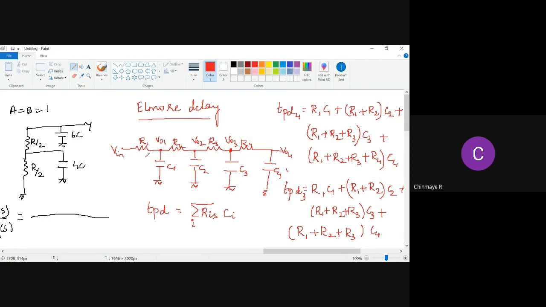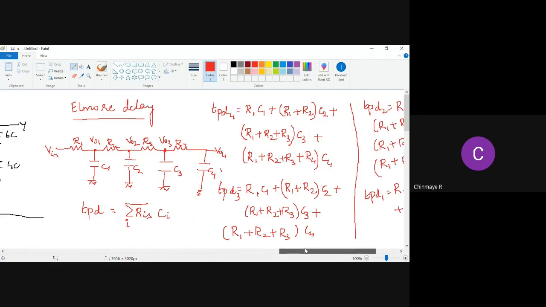So this is, as you can see, not as accurate as RC. It's an approximate delay model, but it's easy. The calculations are easy. That's the advantage. So for this example, we saw what is TPD at nodes 4, 3, 2, and 1.